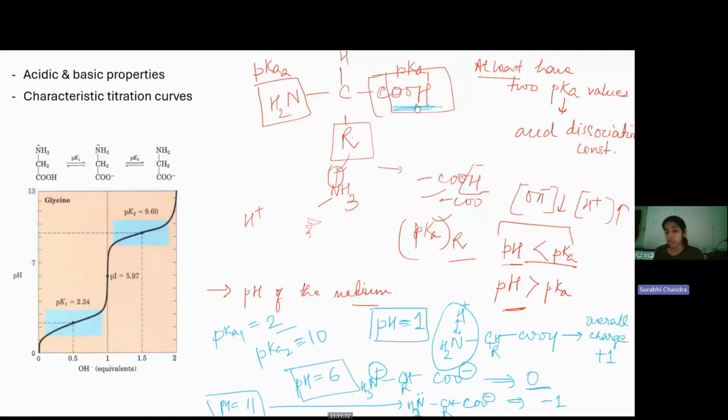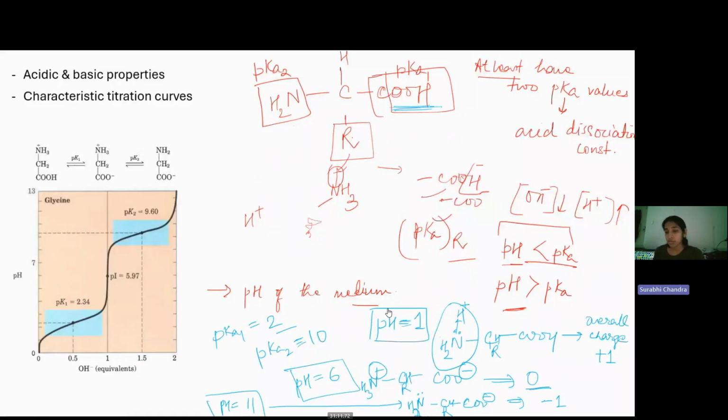However, if the OH minus concentration increases, then the carboxyl group will tend to give away its H plus ion and exist as COO minus. Because there are fewer H plus ions in the medium, the amine will exist as NH2. So overall, the COOH eventually exists as COO minus in the medium.